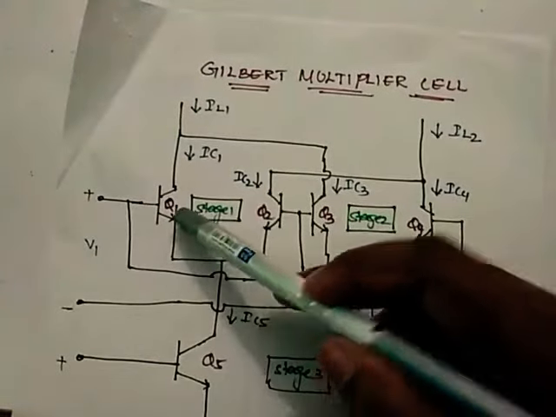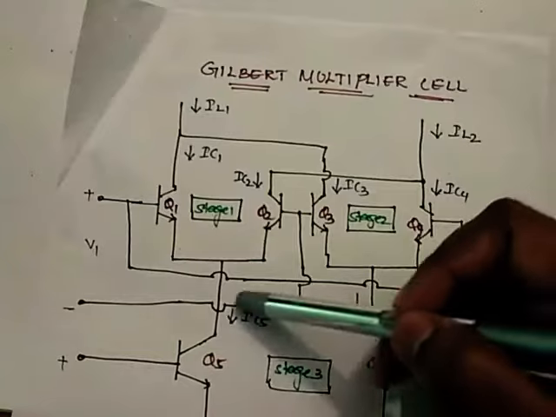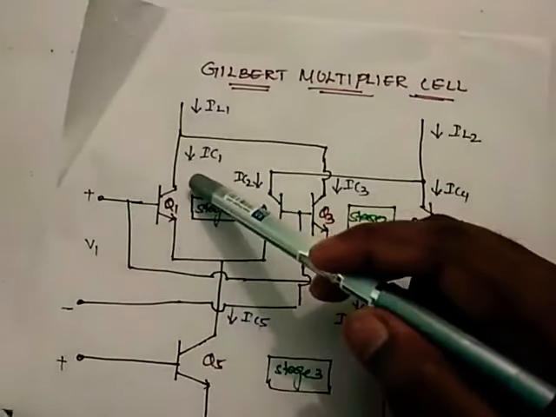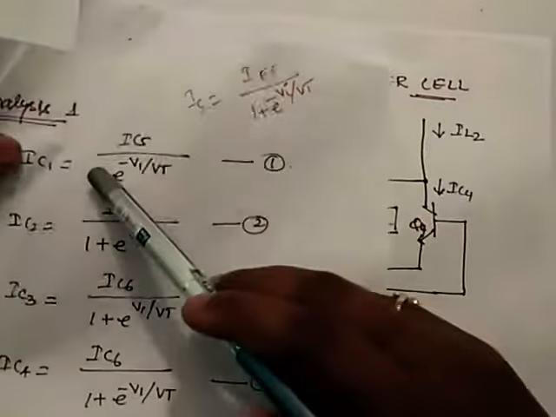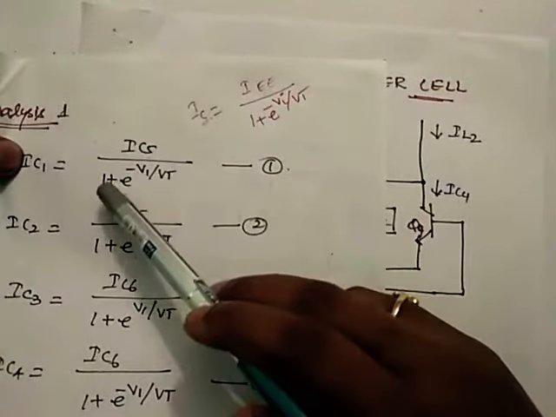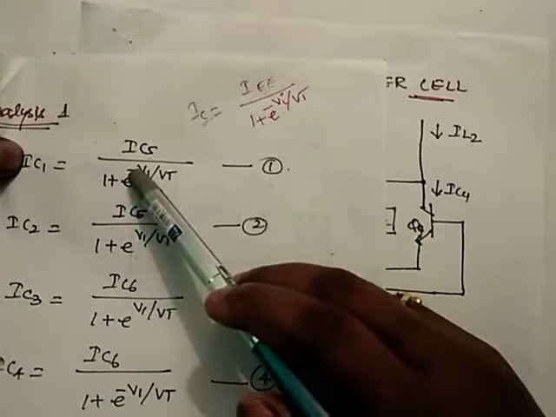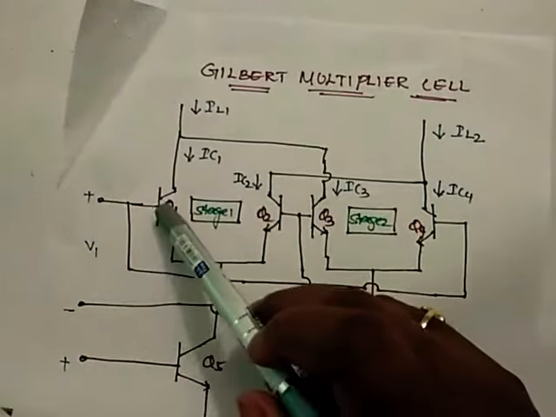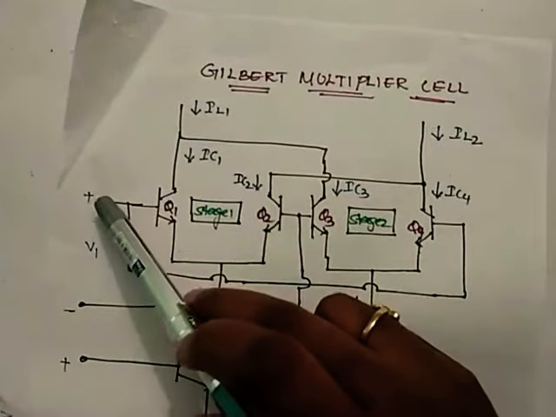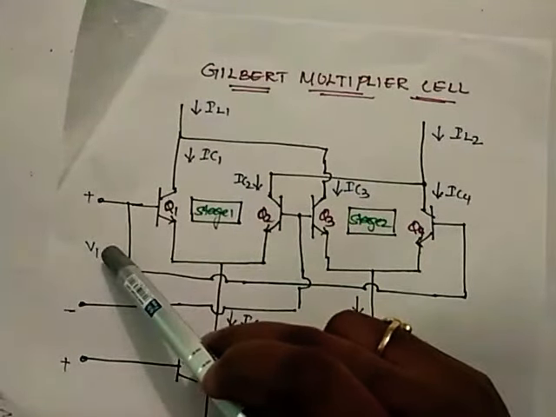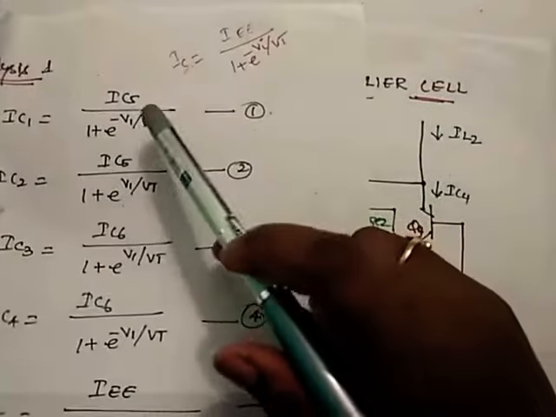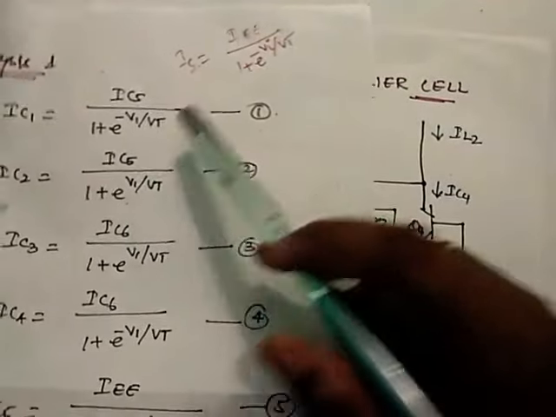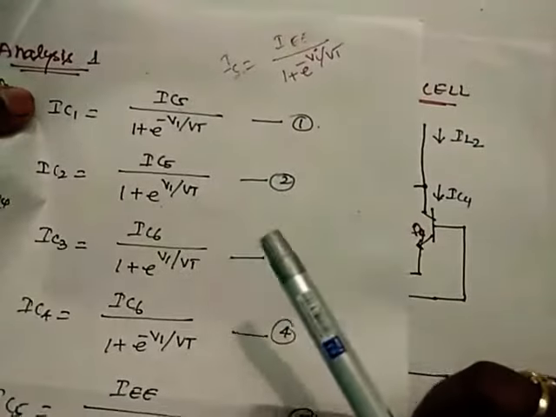By considering Q1, the emitter current value is IC5. So IC1 can be written as IC5 divided by 1 plus e to the power of minus V1 divided by VT, since Q1 is connected with the positive polarity of your input voltage V1. Take this as equation number 1.